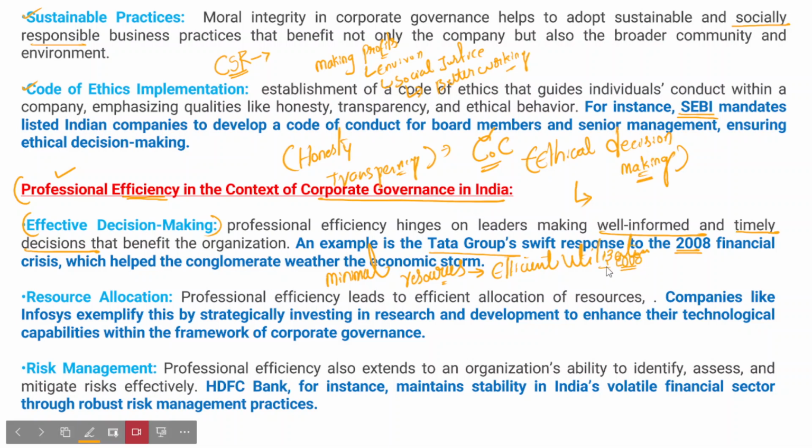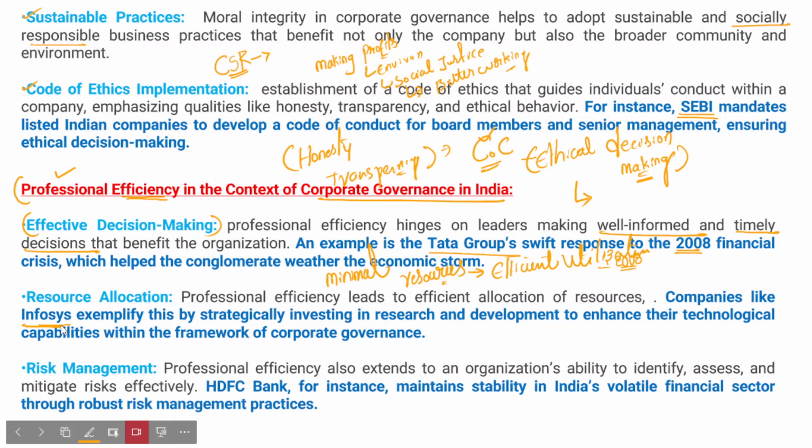So, if a company is able to utilize those resources in a more efficient manner, that would result in the overall success of the company. When we talk about an example under this, we can discuss Infosys.